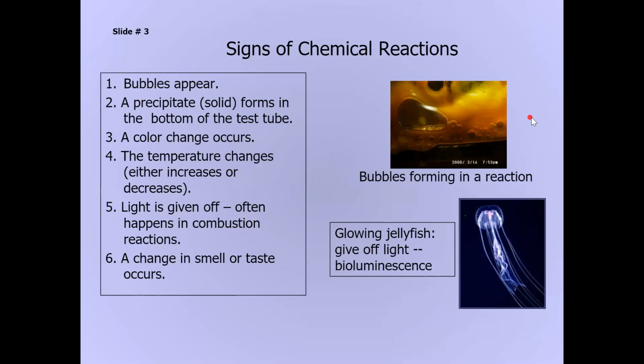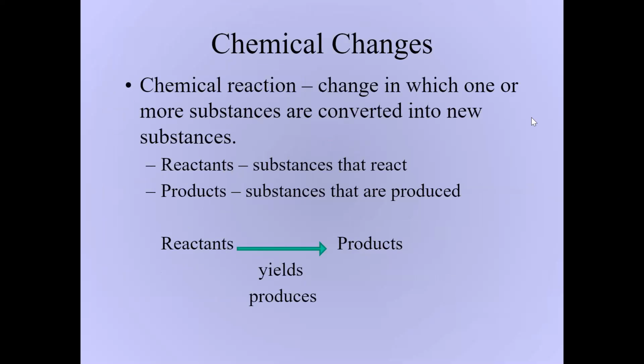So when we want to show what a chemical reaction looks like in terms of the atoms that are actually interacting with each other, we can show it as sort of like a math equation, right?